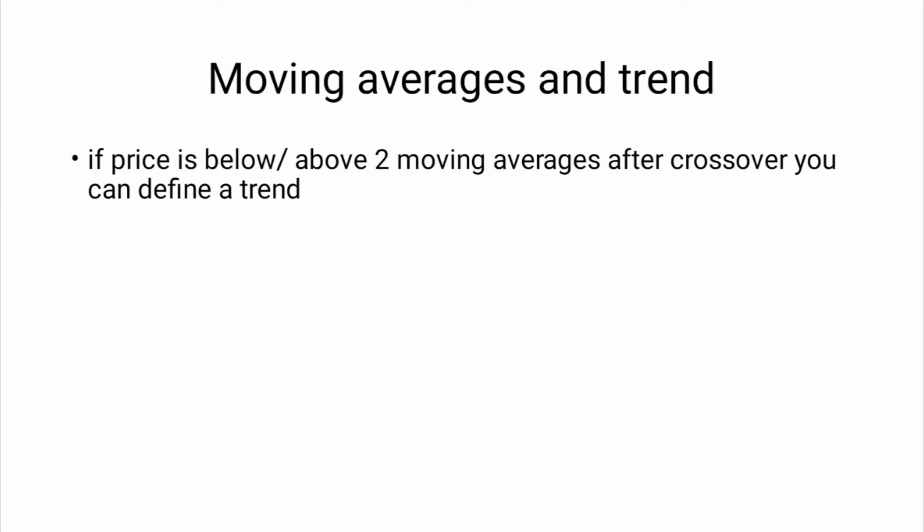Now, using moving averages to define a trend. You can basically use two moving averages. For you to say it's an uptrend, the two moving averages have to cross and then fan out. That's the defined trend.